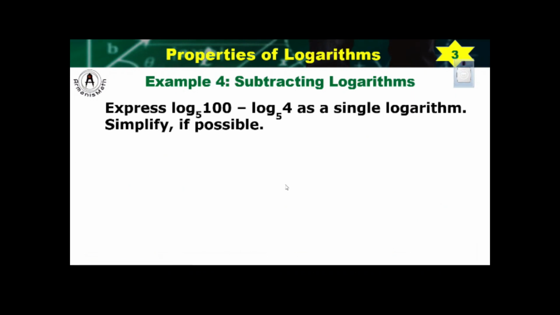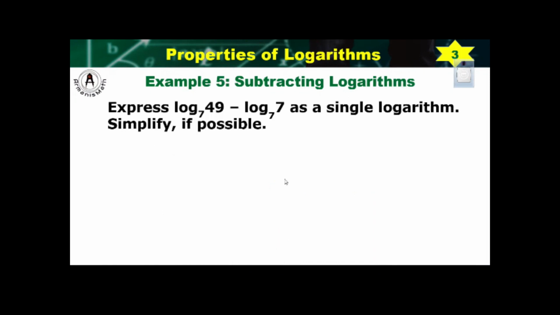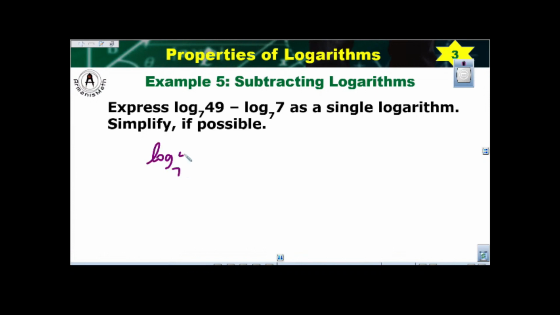Let's do one more example. Express log base 7 of 49 minus log base 7 of 7 as a single log. Simplify if possible. So this one is log base 7 of 49 minus log base 7 of 7.